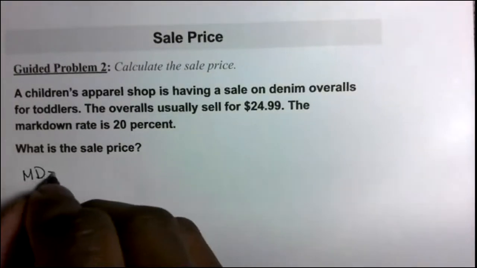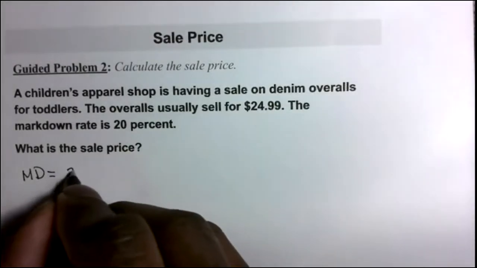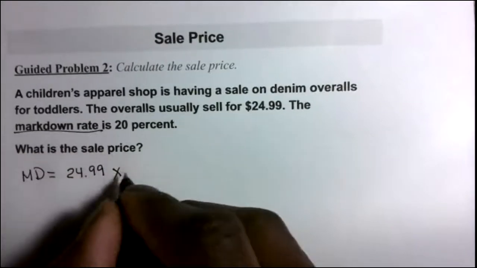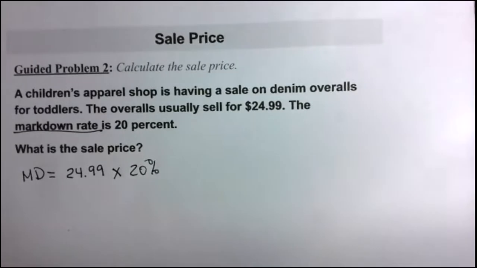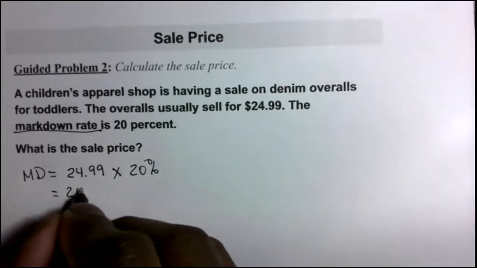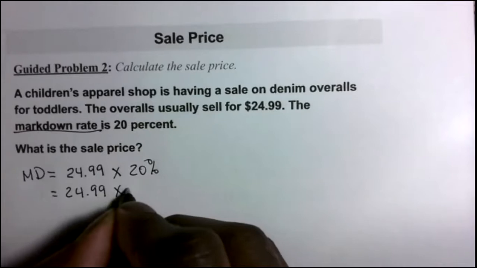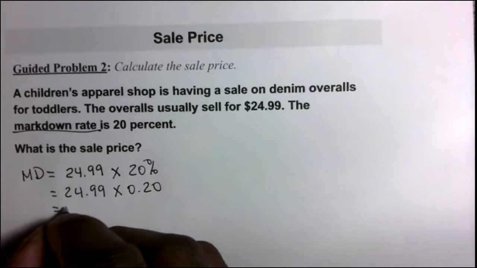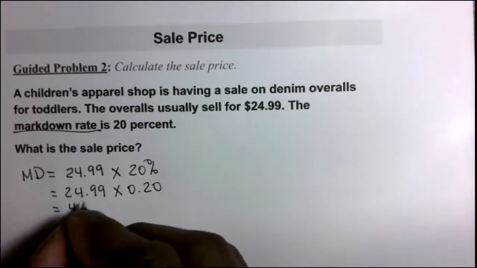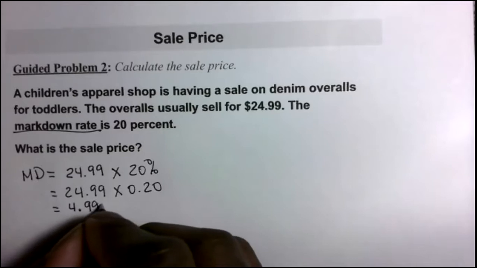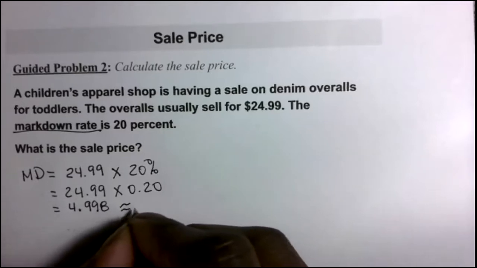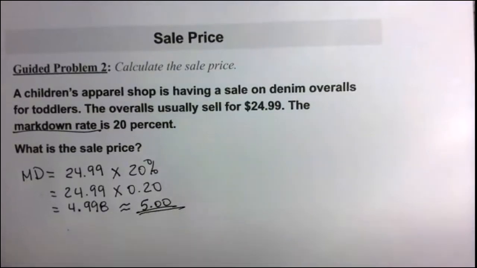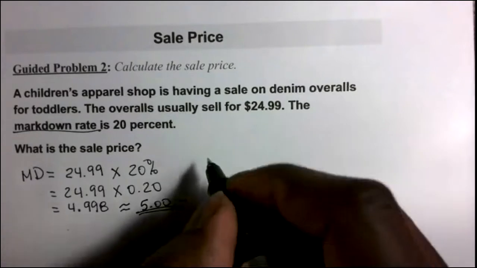My markdown is my regular selling price, $24.99, times the markdown rate, 20%. So I have 24.99 times 0.20, and if you plug this into your calculator, you're going to get 4.998, but I'm just going to round this to 5. So the markdown is $5, but I need to find the sales price.